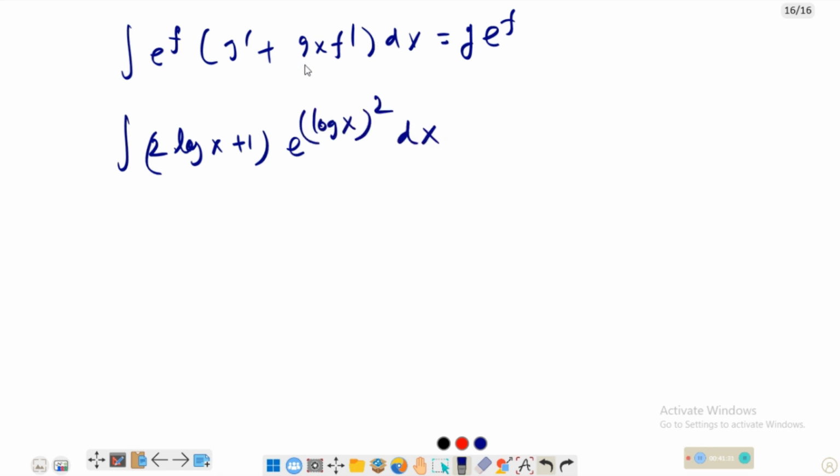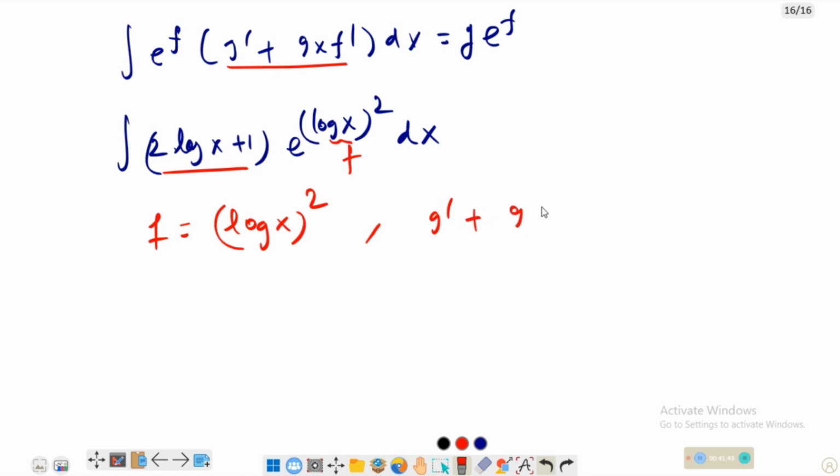From the observation, f is equal to (log x) to the power 2. Since this quantity is equal to this quantity, g dash plus g f dash is equal to 1 plus 2 log x.